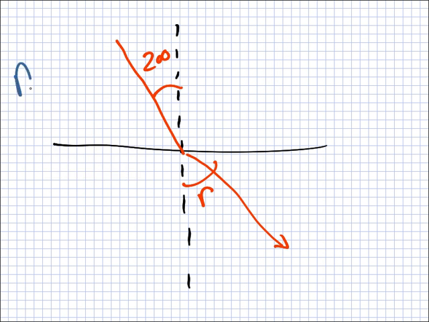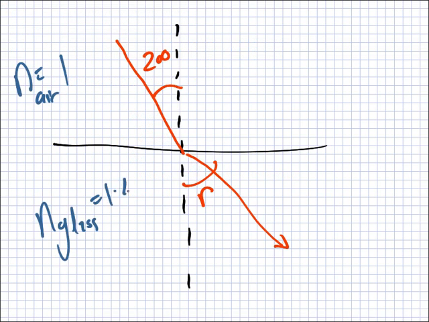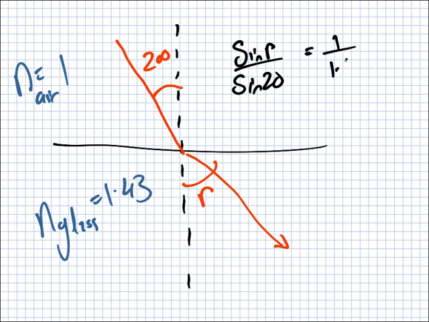And here the N for air is 1, and here for glass, we said 1.43. So you have Snell's law that says sine OR over sine 20 is 1 over 1.43.